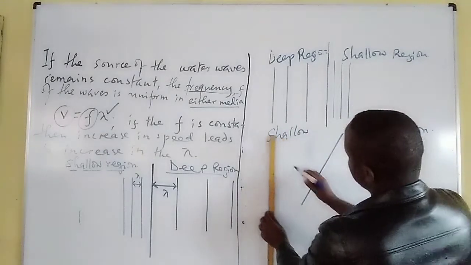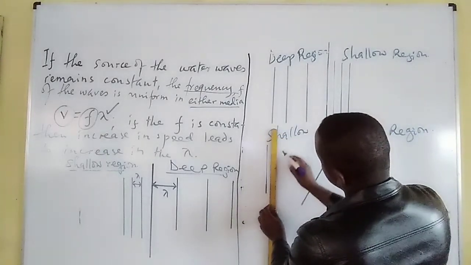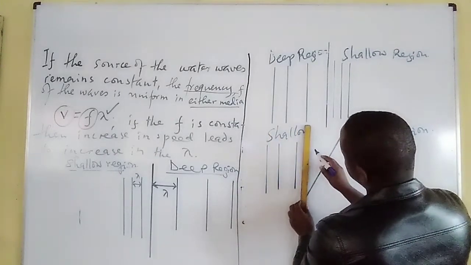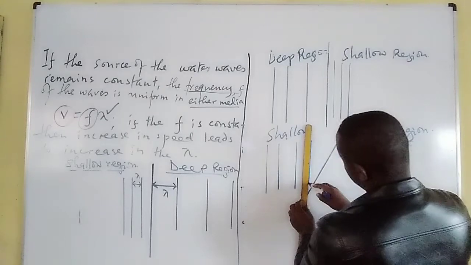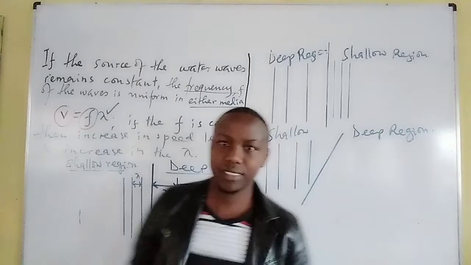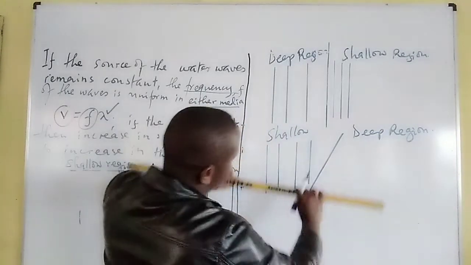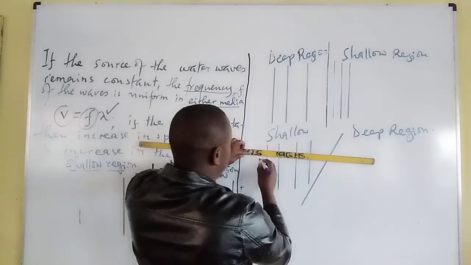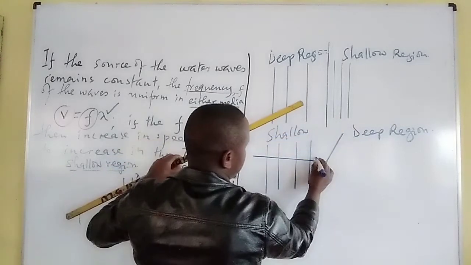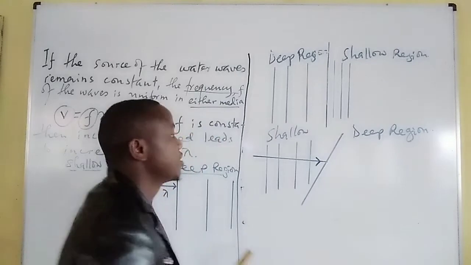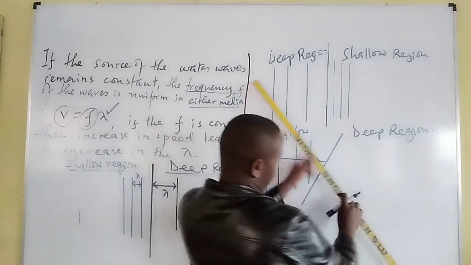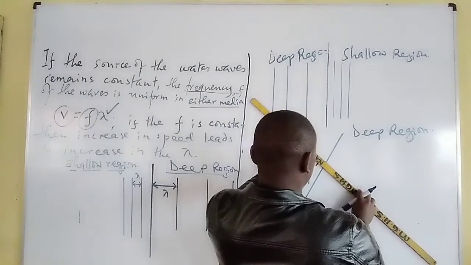Then we have the wave fronts approaching this boundary so that they are bent towards the other side. What we do is draw a normal to this boundary.